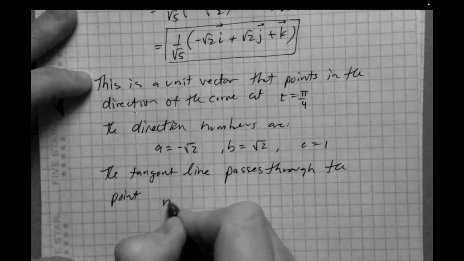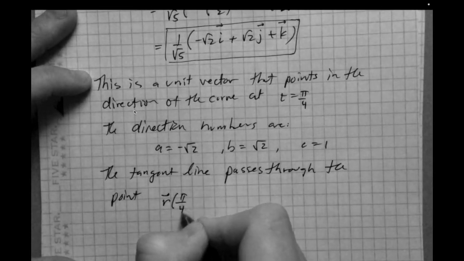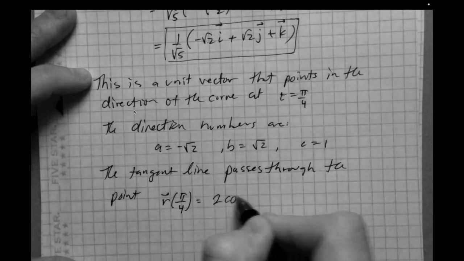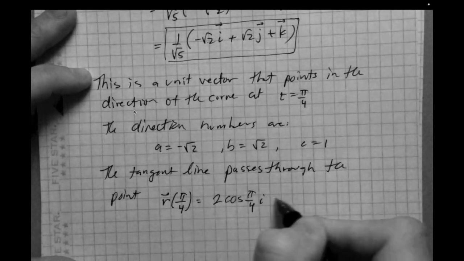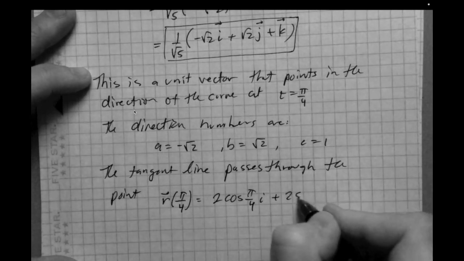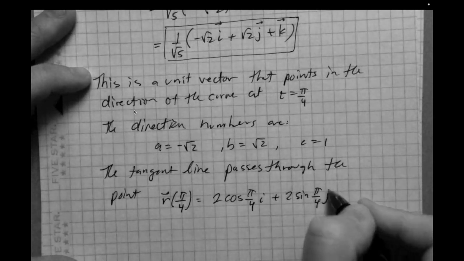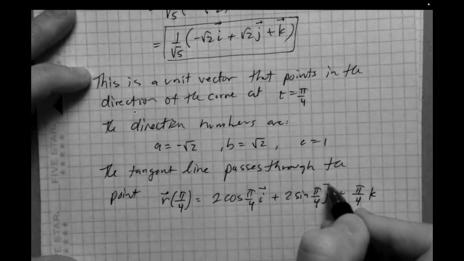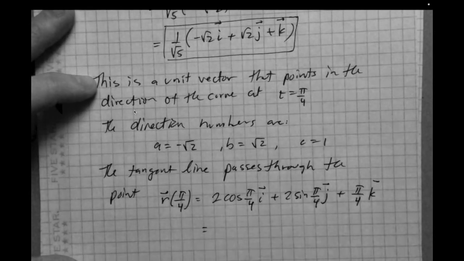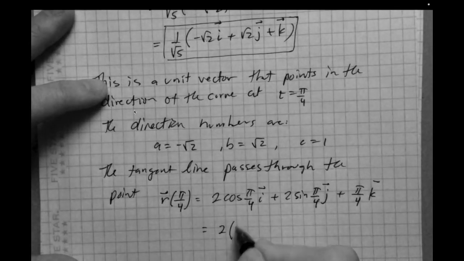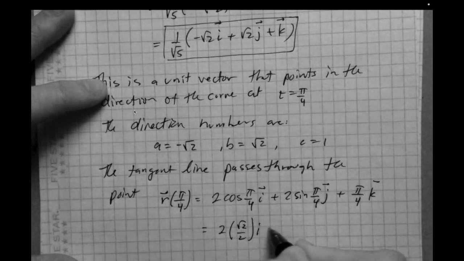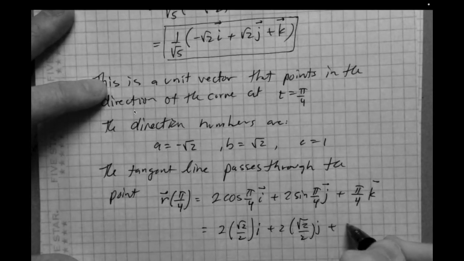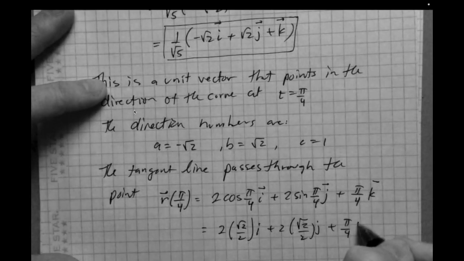We'd have to plug it in to the original. Not a problem. It'll be 2 cos pi over 4 i plus 2 sine pi over 4 j plus pi over 4 k. And what do we get there? 2 times the square root of 2 over 2 i plus 2 times the square root of 2 over 2 j plus pi over 4 k.